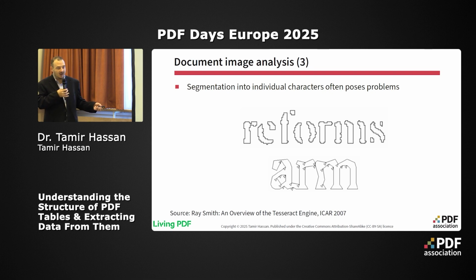And if we run OCR, which is typically where machine learning is used, the first approaches would just be run on an individual character, and if we don't have the character boundaries correct, then we end up with the wrong result.